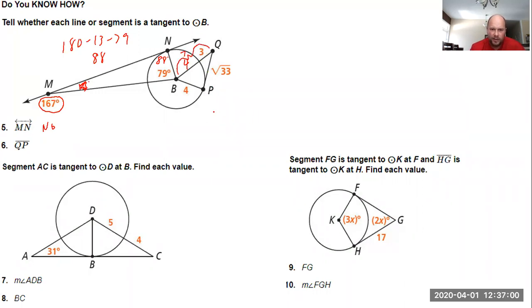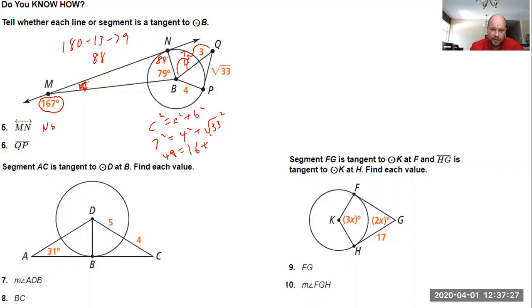So now they gave us values of 4, 7, and the square root of 33. Well, 7 is going to be the one that's our C value. So plug it into the Pythagorean theorem. We have 7 squared equals 4 squared plus square root of 33 squared. 7 squared is 49. 4 squared is 16.